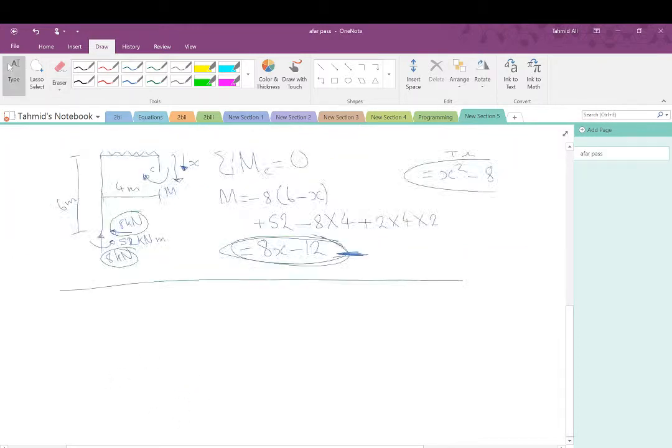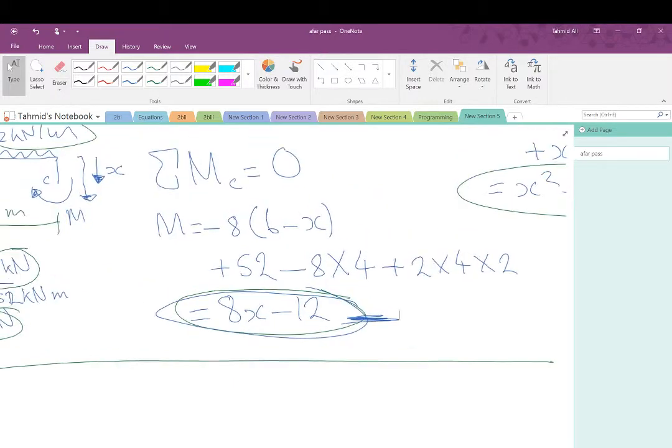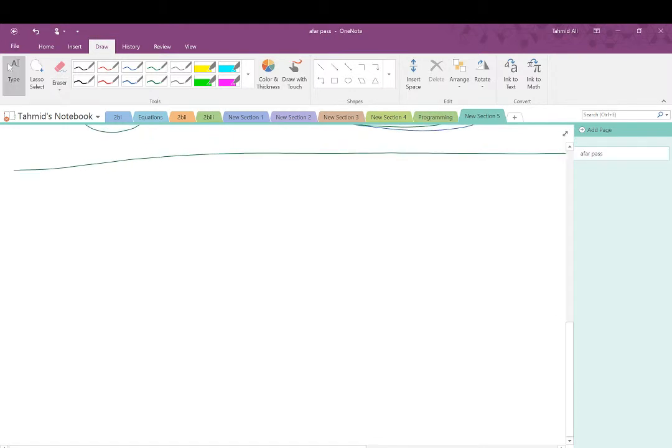So now let's actually get to the drawing point of it. The first equation we had was 52 minus 8x.